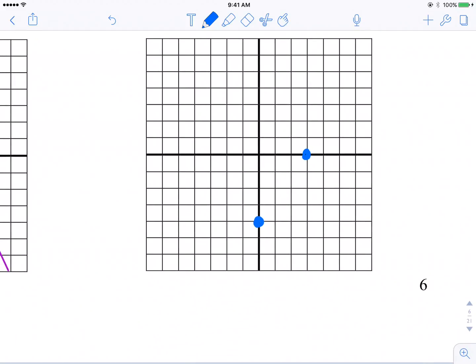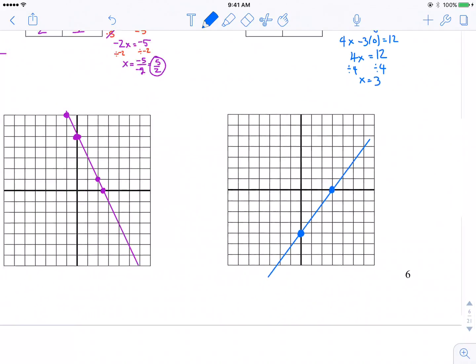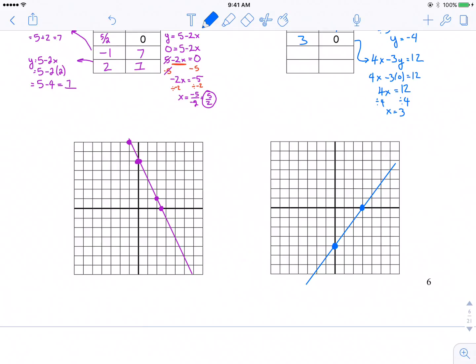And I actually probably could, if I wanted to, draw my line right now, if, of course, you believe yourself to be proficient enough. X and y intercepts, 2 points, might be good enough to draw a line. You should always plot a second or a third or a fourth point just to make sure that you've got them all correct. So that's exactly what we're going to do.